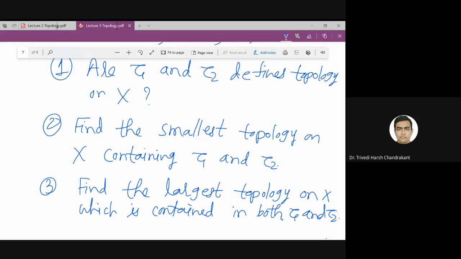So as in the case of vector spaces, can we find a topology also? If I have two topologies, can I find a topology tau such that tau contains tau1 and tau2, and in the same way a topology tau that is contained in tau1 and tau2? This is regarding that.